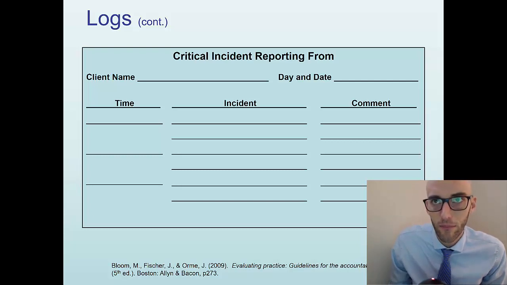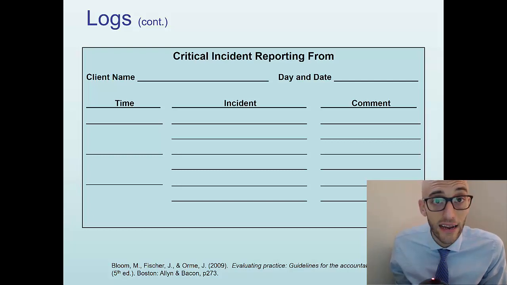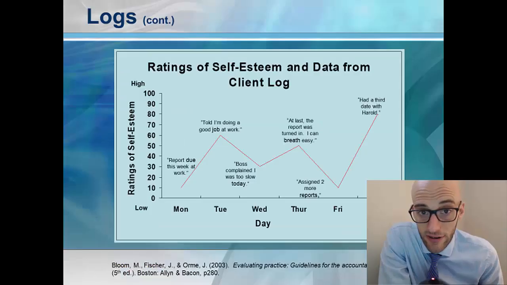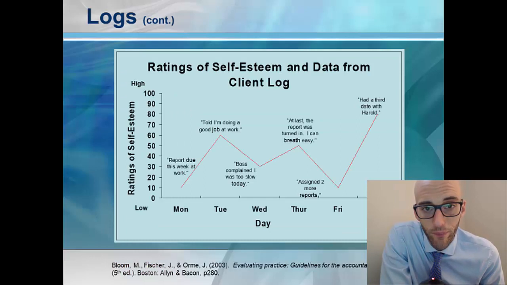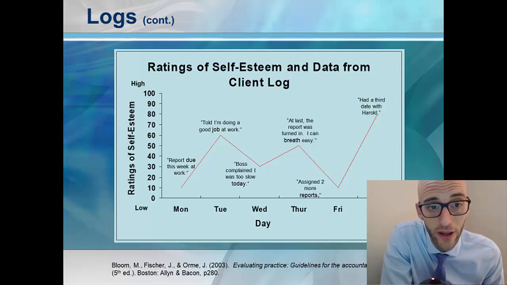So this is a little bit more of a qualitative approach. And you can use this to give rich meaning to the behavioral observation measures and the quantitative data. And you can incorporate it into your graphs as well. So if this were an example of a single system design, you can see the different comments here that were utilized from a log and then incorporated into a graph.